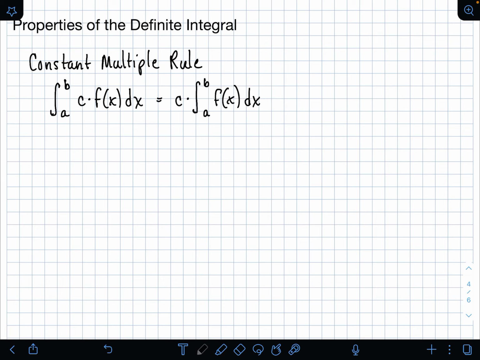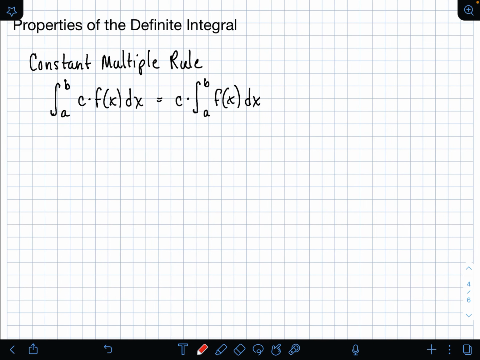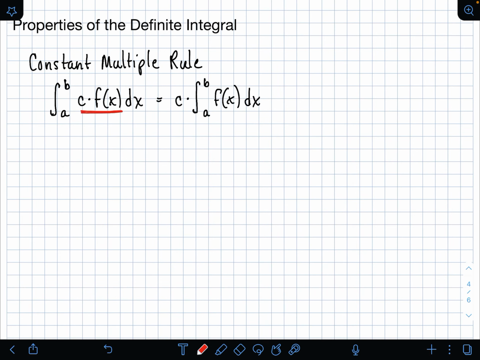Without going through a full proof for this, we can use a bit of logical reasoning to flesh out how we know this would work. C times f of x is a vertical distortion by a factor of c. So, for example, if c was 3, it means that the y values of the function are 3 times what they were before.